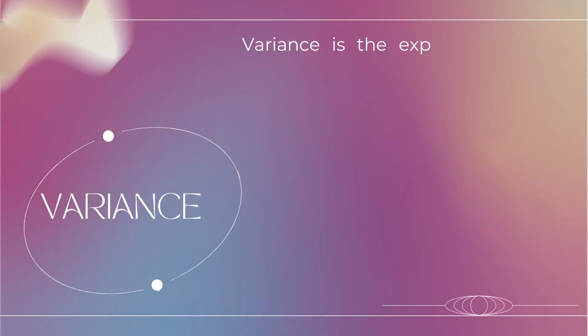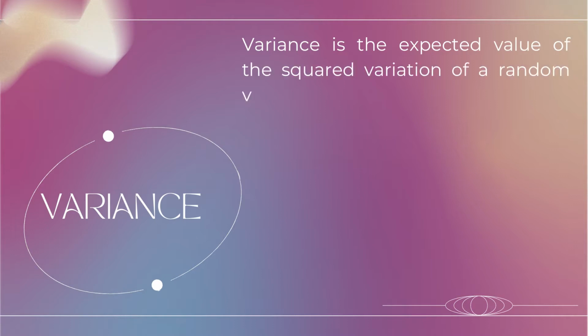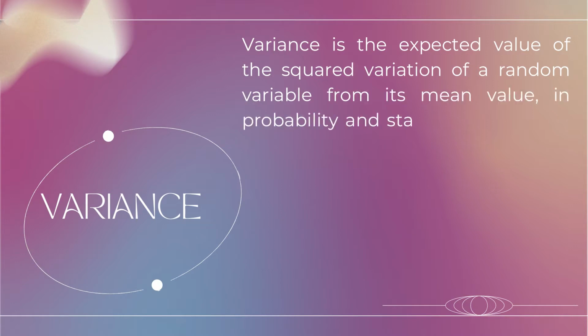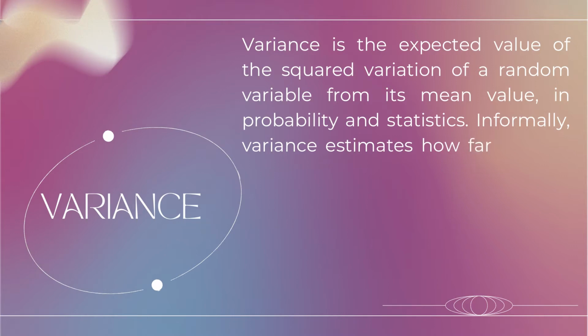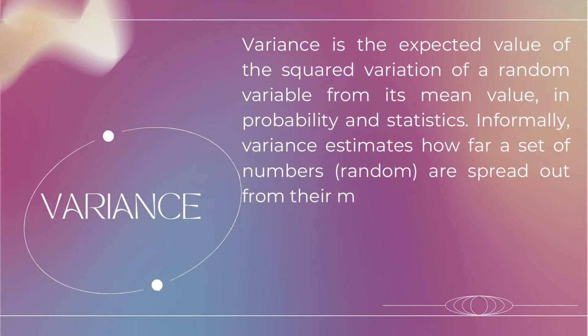Here is the definition of variance. Variance is the expected value of the squared variation of a random variable from its mean value in probability and statistics. Informally, variance estimates how far a set of numbers are spread out from their mean value.